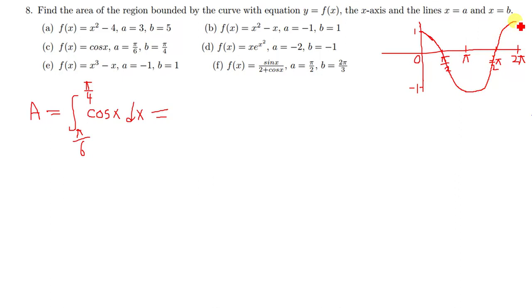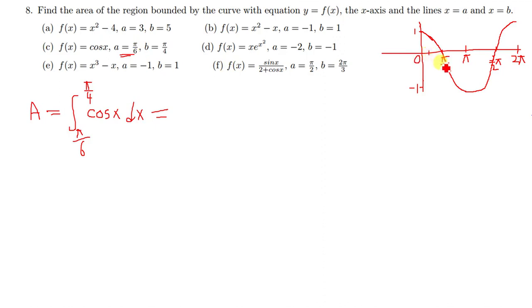Now let us point out where our limits are. a is equal to pi over 6 and b is equal to pi over 4. Pi over 6 is simply 30, so I'll approximate somewhere there.